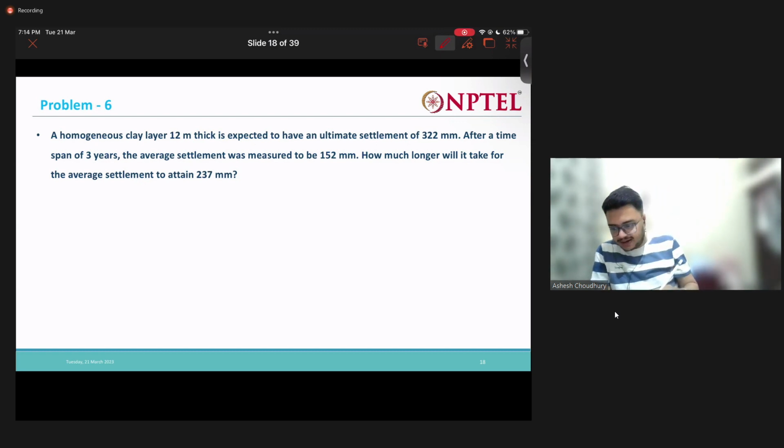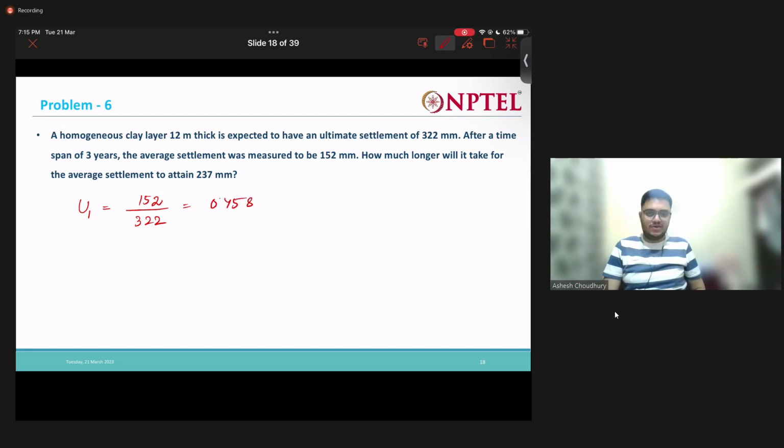So let us find the value. Let us write degree of consolidation, say u1. u1 is equal to how much? 152 divided by 322, nothing but 0.458, or 45.8%, almost close to 50% settlement. Close to 50% settlement has occurred. Okay.